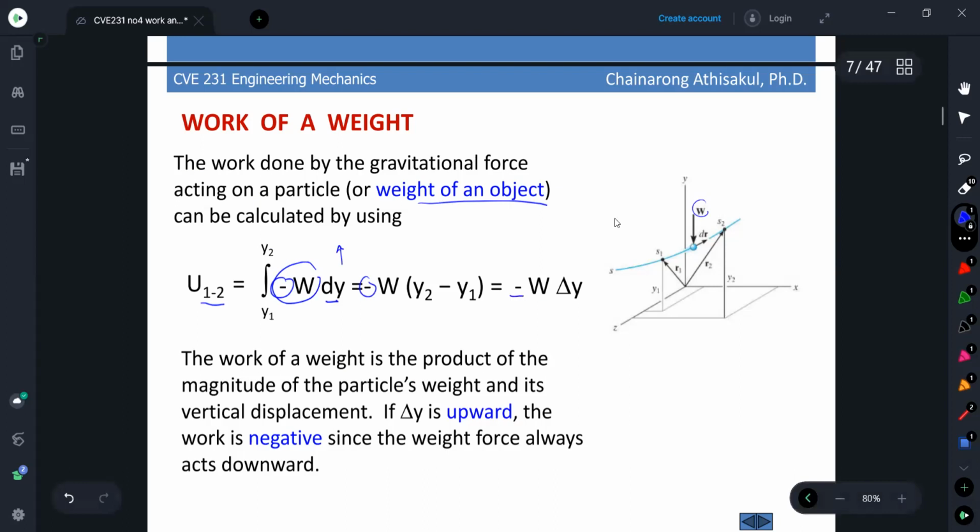So the work of weight is the product of the magnitude of the particle's weight and its vertical displacement. If the vertical displacement is upward, the work is negative, and if the vertical displacement is downward, the work done is positive.